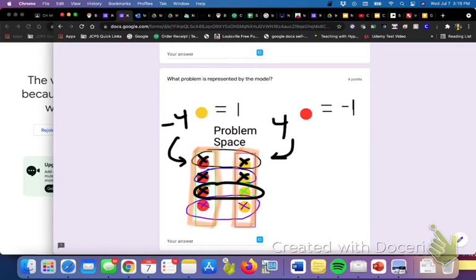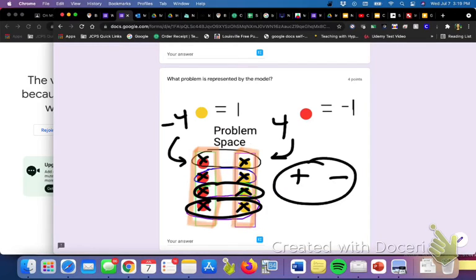These two are going to cancel each other out, and those two are also going to cancel each other out. That is why whenever you have a positive and a negative chip next to each other, that is called a 0 pair, because you've got a pair of chips that cancel each other out to make 0.